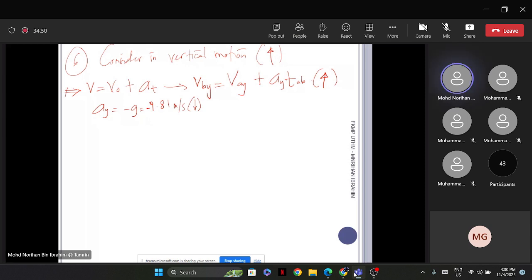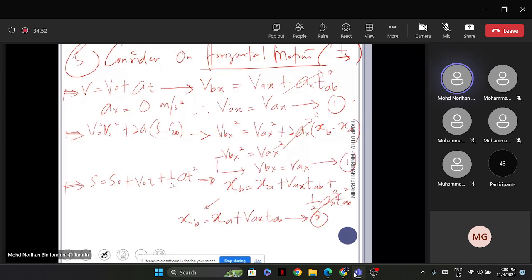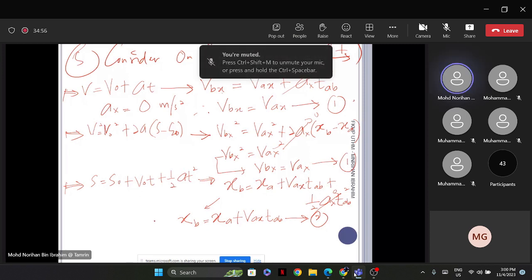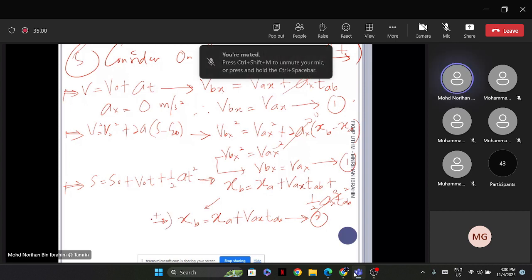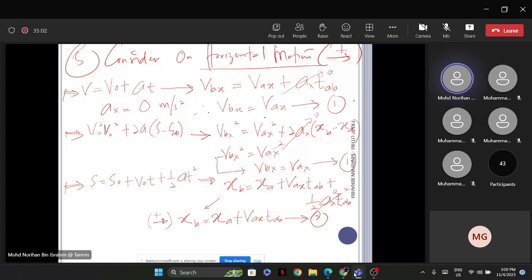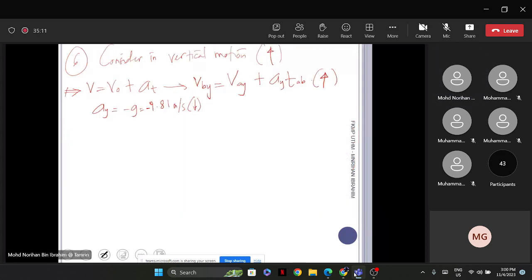Similarly to the previous one, positive to the rightward, we need to consider the positive sign conventions of the equations. So what we need to do is to substitute ay equal to negative g into these equations.